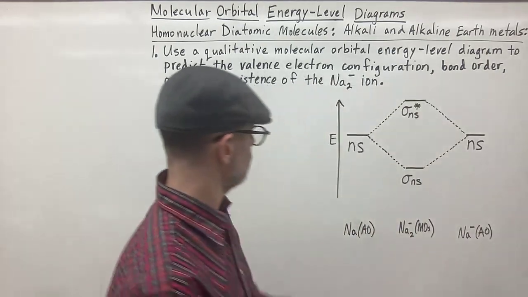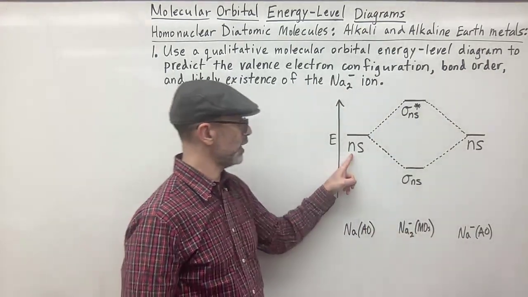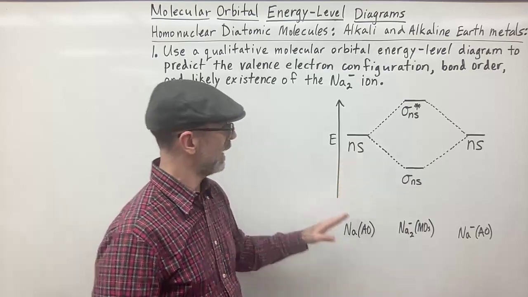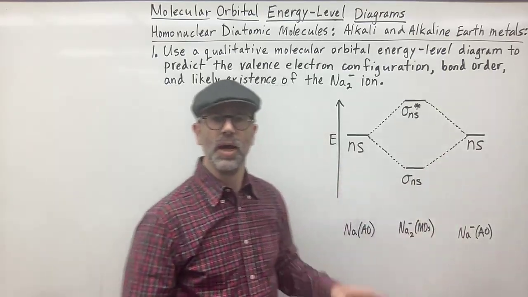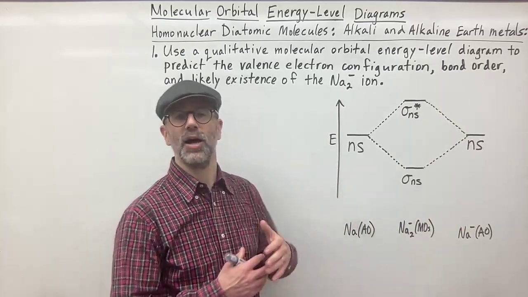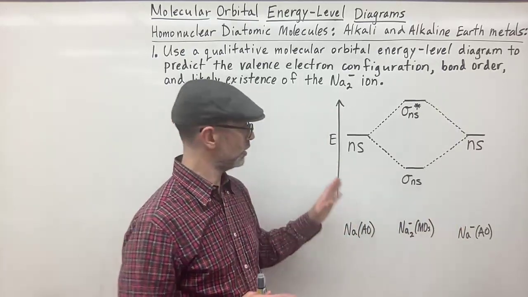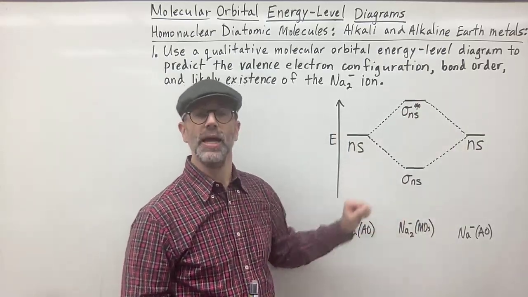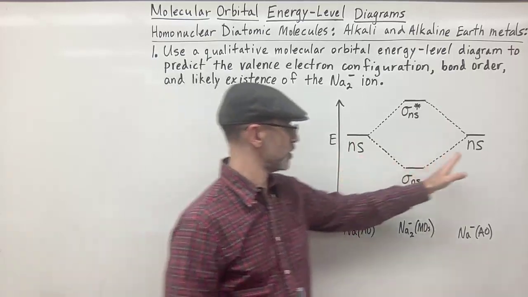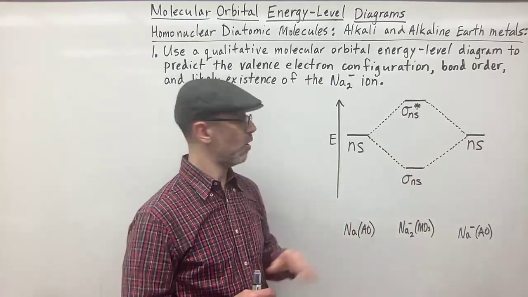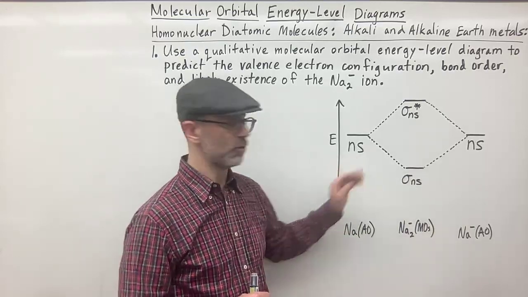Yep, that is correct. So this would be a 3s orbital for this sodium and a 3s orbital for this sodium. But since we're dealing with an alkali metal, any alkali metal, we're going to have it in the first group, and therefore we're going to keep this generic because this will apply to all of the alkali metals.